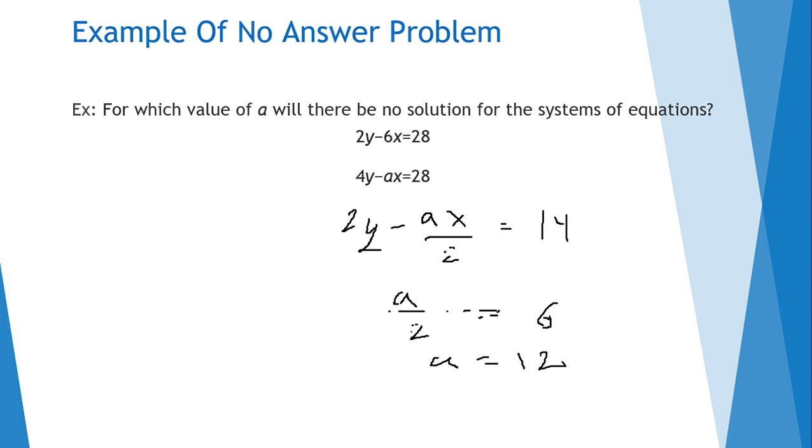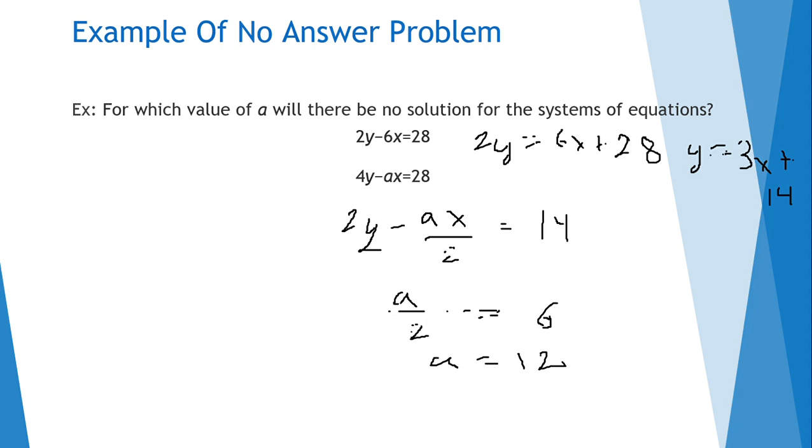So we would have 2y equals 6x plus 28, and we divide everything by 2, so we get y equals 3x plus 14. Oops, running out of room. So basically we want to have the same thing happen over here, but our constants would be different.